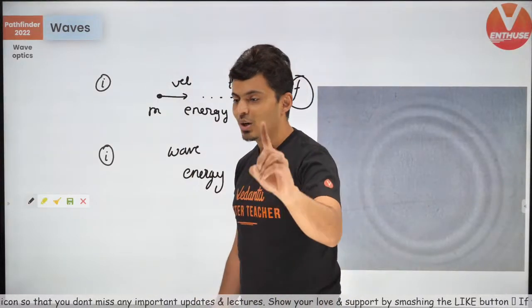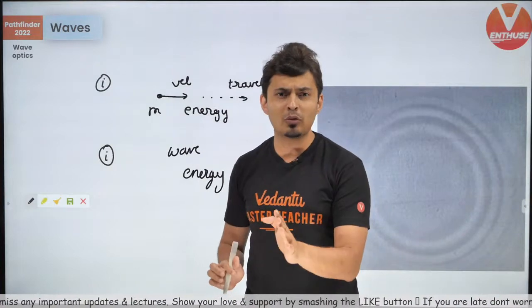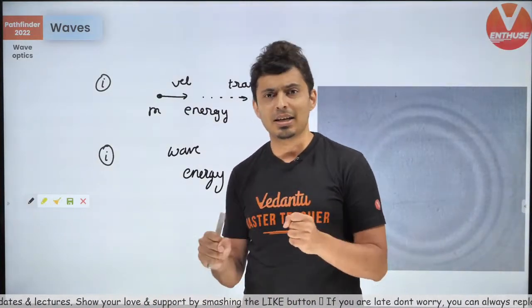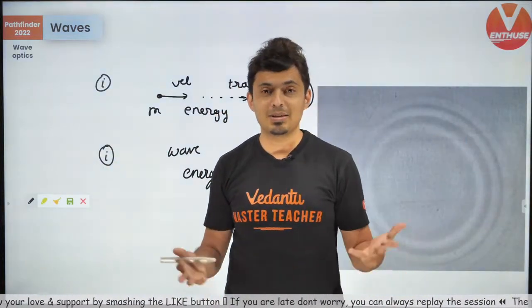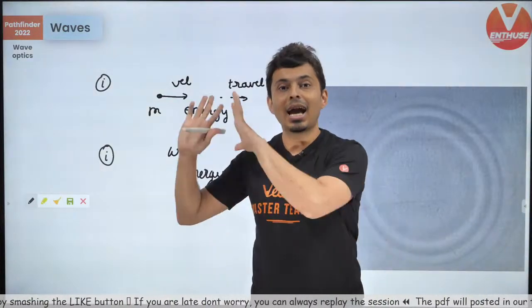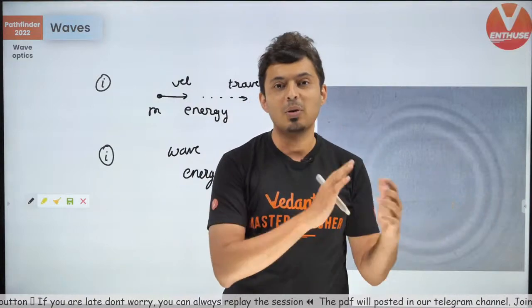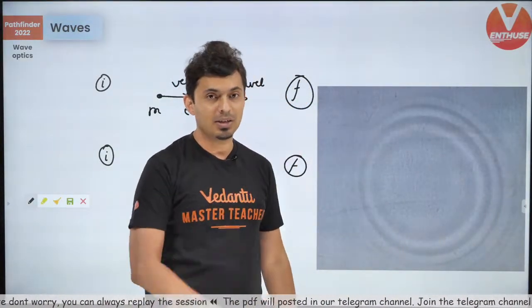In a wave, the particles might move, but they come back to their original position. They might just oscillate, or maybe there are no particles at all, like in the case of light. Nothing actually goes from point A to point B, but energy moves from A to B. It's just a way of transportation of energy.